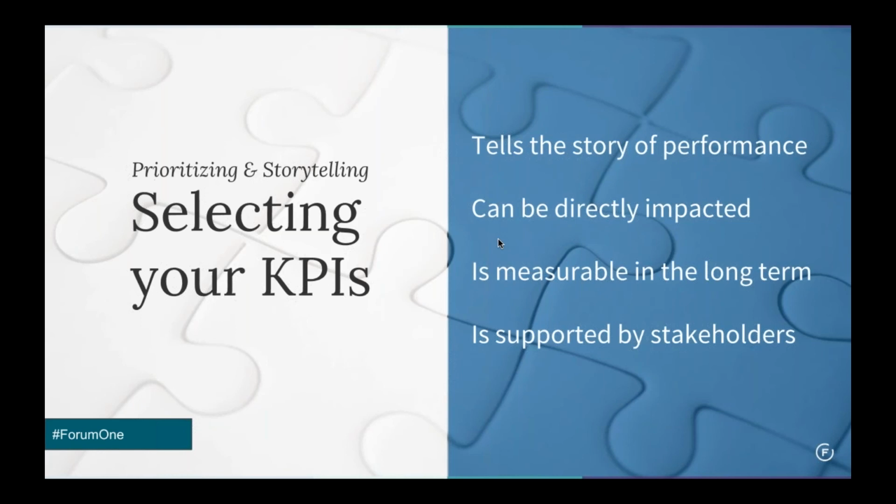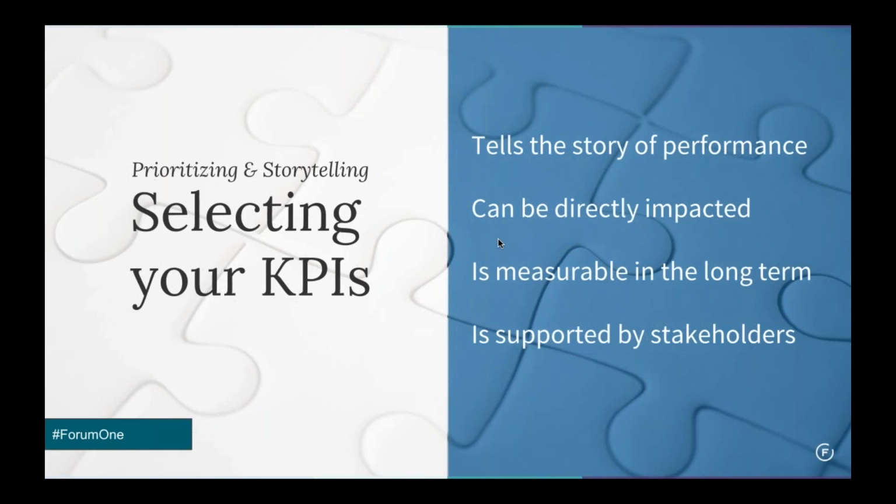If you're unable to change the way your organization speaks on a specific matter, as in you're tied to a certain vocabulary, the last thing you want to do is select a KPI tied to a reputation around a different vocabulary set, because you can't necessarily impact or change how your organization talks about itself.